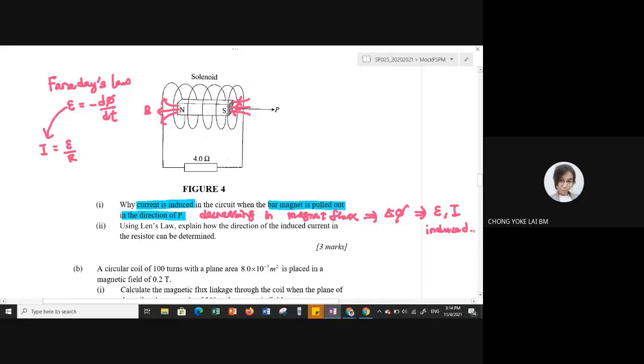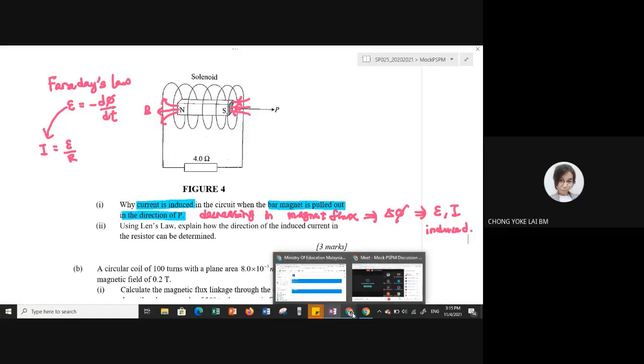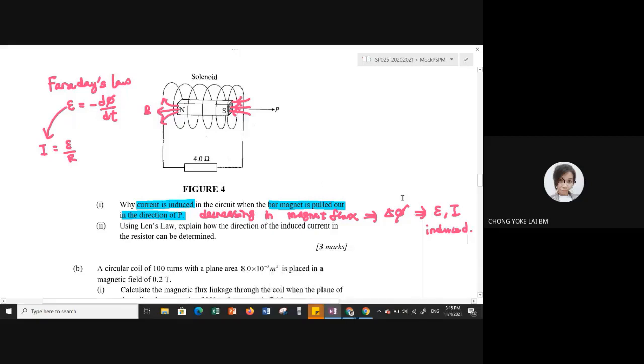So bila anda nak jawab soalan kenapa wujud voltage ataupun current dalam topik 4, dia punya key concept ialah berlakunya perubahan flux. Sebab hanya ada perubahan flux, barulah kita induce EMF. So anda tanya diri, bila magnet bar tu ditarik keluar, apa solenoid rasa?